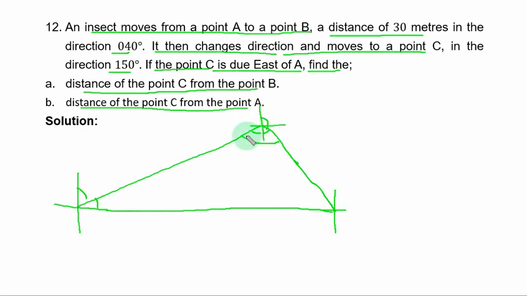So if here is 070 degrees and this is 50 degrees, this angle must be 060 degrees. Here is 30 meters. So this side is complete. We can use the sine rule to get this distance and this distance.